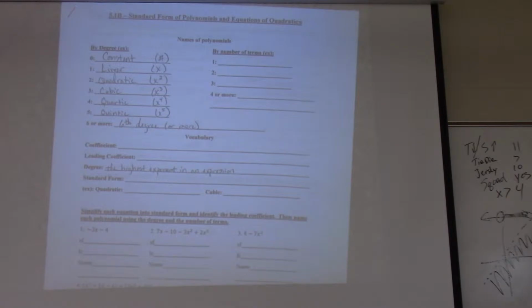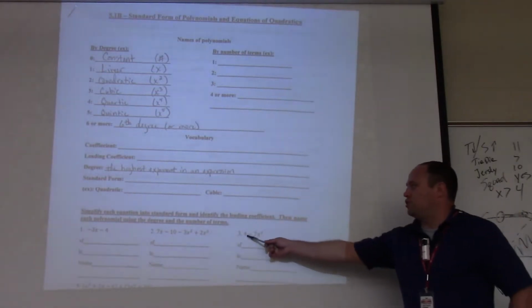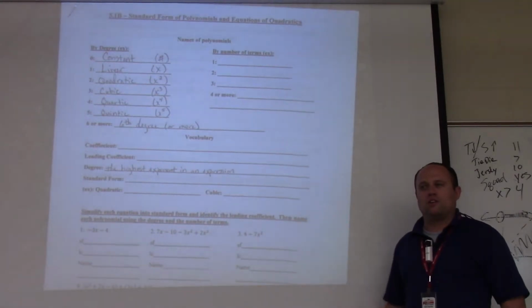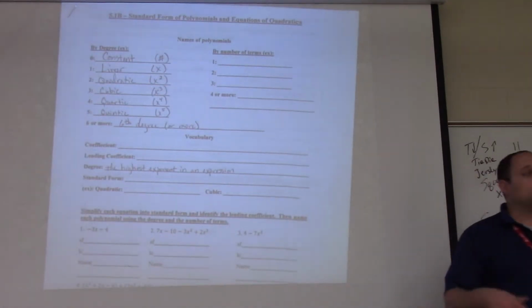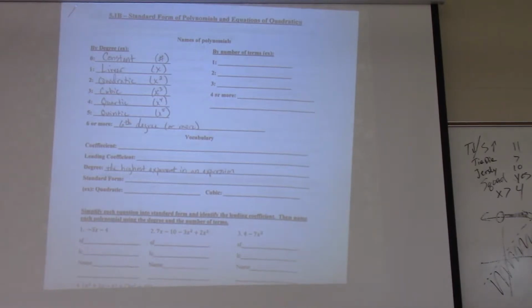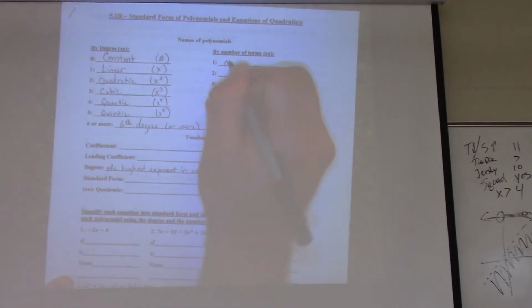So the number of terms, this one's easy. Remember what it is when I have 2 terms? That's the easy one. Anybody remember what, if I have, for instance, this, 2 terms, what is that called? Or 1 term or 3 terms. Anybody remember any of those? I bet when I give you the first one, you'll know it. 1 term by itself is called a monomial.